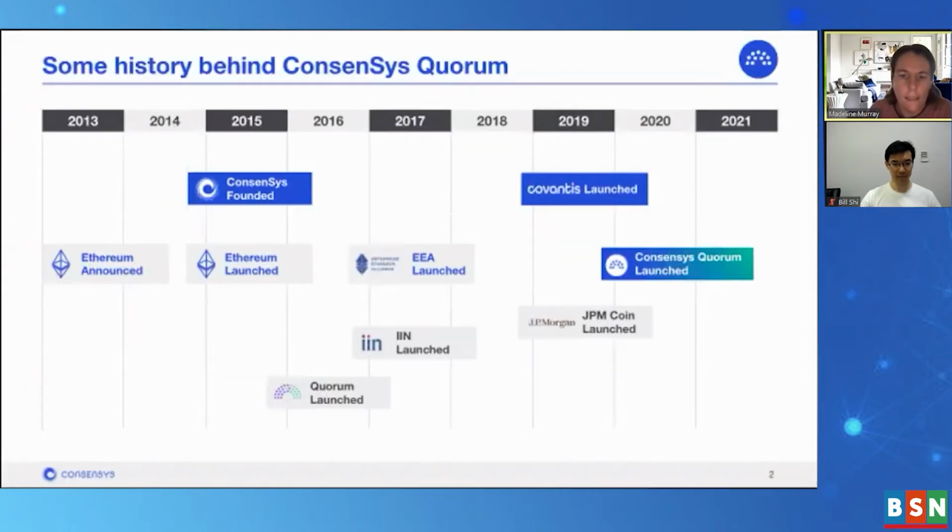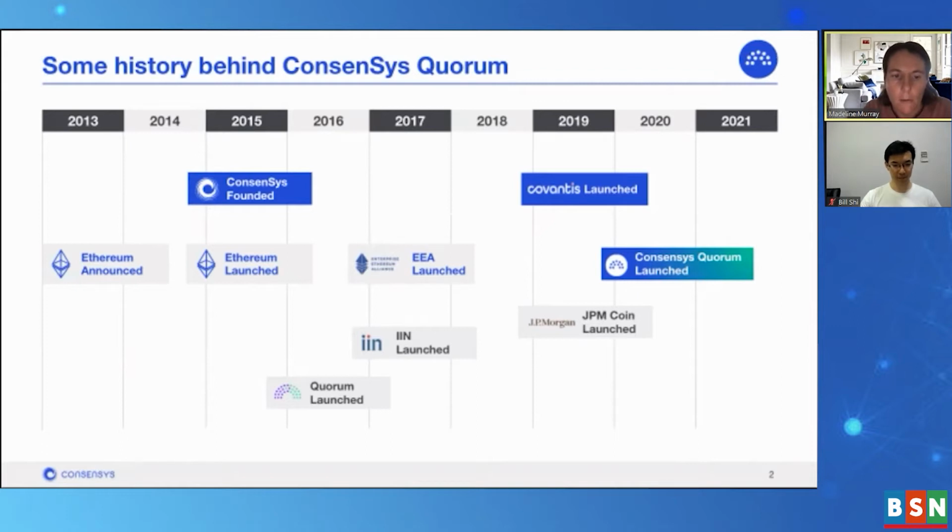So quickly to get started, this is a bit of the history behind ConsenSys Quorum. Back in 2013, Ethereum was announced and then launched in 2015. In parallel to that, Joe Lubin, one of the co-founders of Ethereum, founded ConsenSys. And in parallel to this, JP Morgan launched Quorum for private permissioned Ethereum networks.